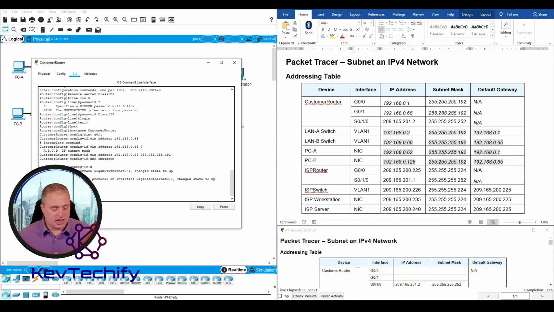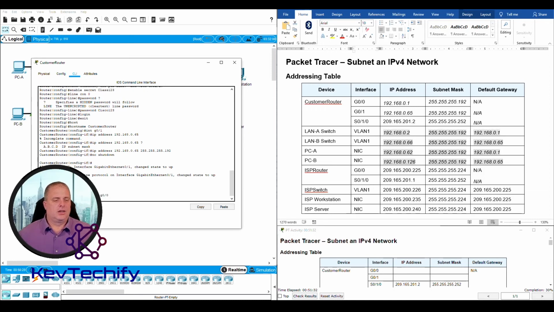Now, we don't have to exit out. We can just change to the interface. Seeing as I just did G0/1, now we need to do G0/0. So I type in interface G0/0. Our prompt, once again, still says we're configuring an interface.